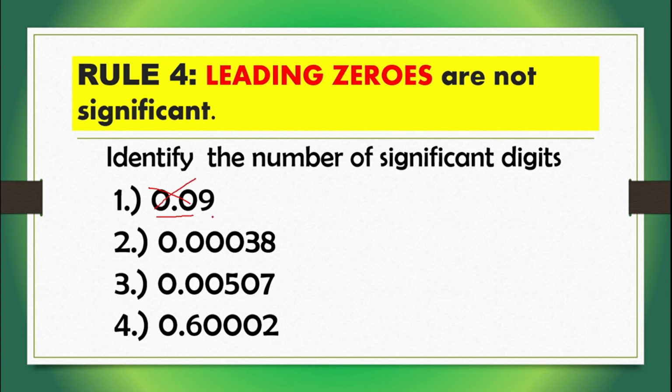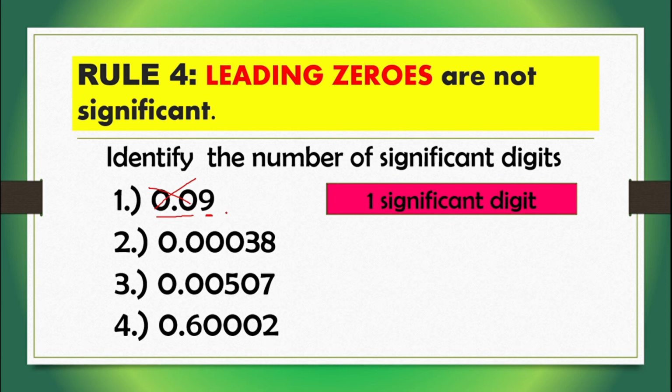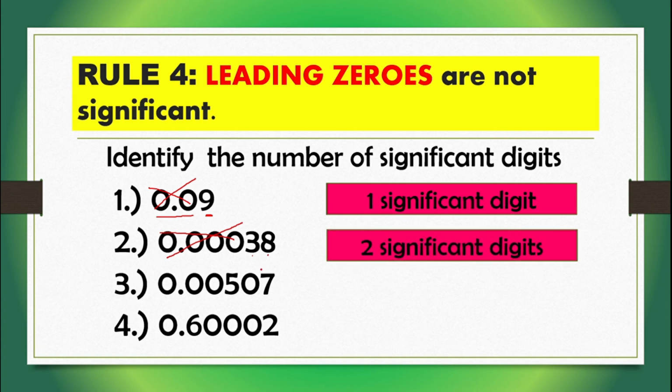And then from here, we only have 9 as a significant digit, which means there is only one significant digit. In here, for number 2, these zeros are leading zeros and therefore they are not significant. So we will have 3 and 8 as our significant digits. So we only have 2.